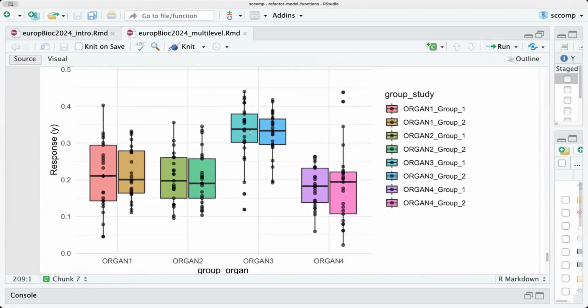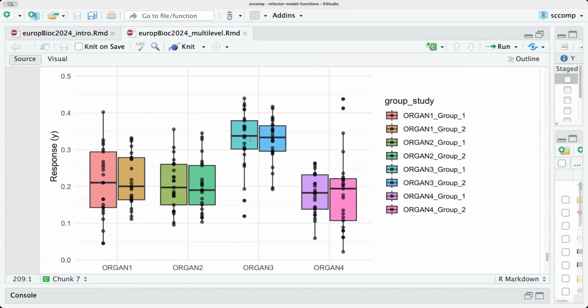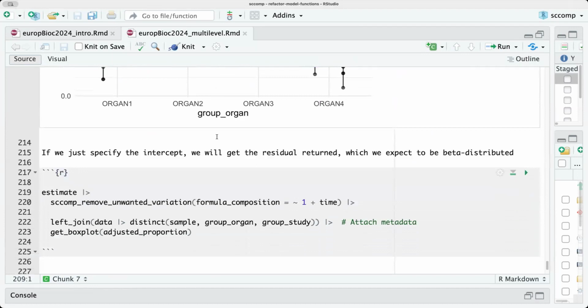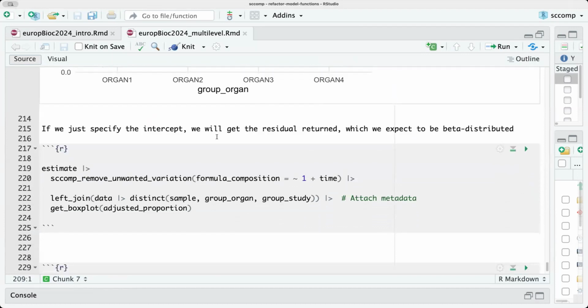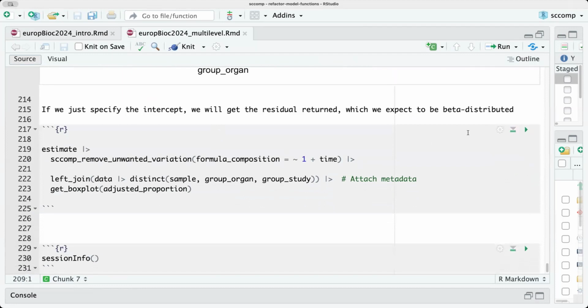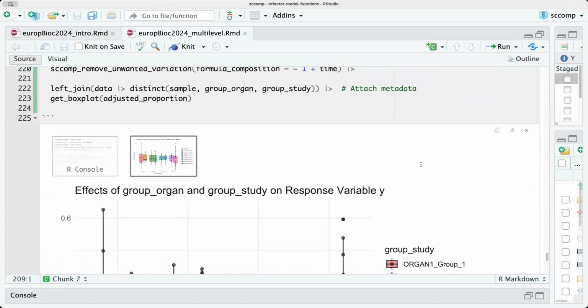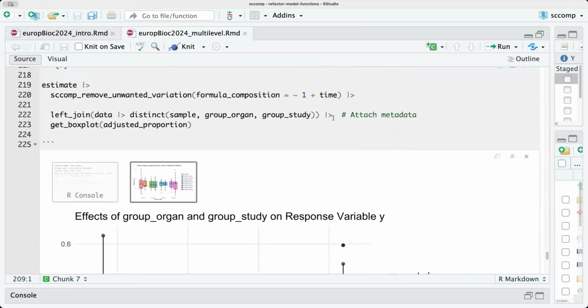And this is the same example as before. If the study random effect were not there, this is how the data would look. If you do any linear modeling or RNA sequencing analysis, you might be well familiar with removal of unwanted variation. And this is how the data would look if you eliminate any random effects.